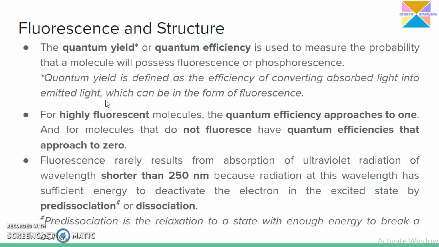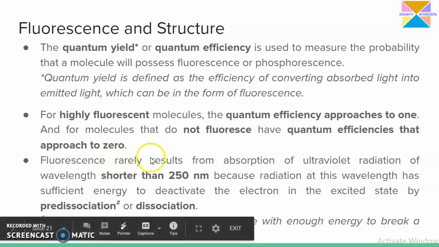So the quantum yield is a measure of the probability whether the molecule will show fluorescence or phosphorescence or not. If the molecule is highly fluorescent, then the quantum efficiency usually will be 1. If the molecule is not showing any fluorescence, or does not possess any fluorescence property, then the quantum efficiency will usually be 0. That is how the quantum yield or quantum efficiency measures the probability of a molecule showing fluorescence or phosphorescence.